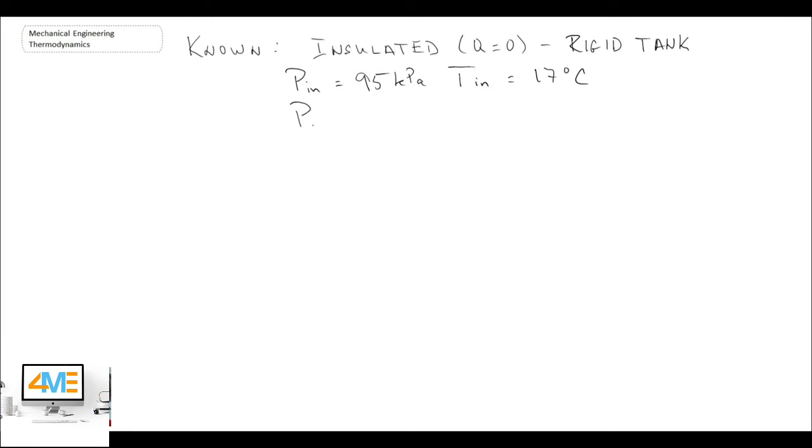And we're told that originally the tank is evacuated, meaning that it is at 0 kPa, and the final state of the tank is it goes to atmospheric pressure, which in this case is 95 kPa. And what we're told to find is the final tank temperature T2.